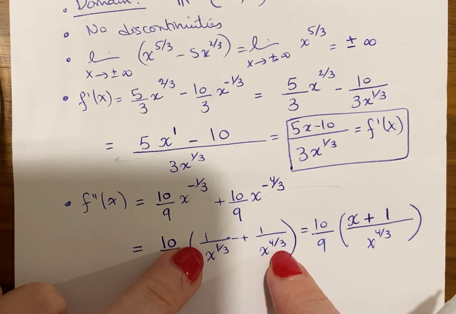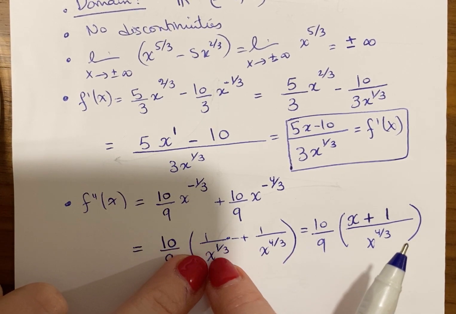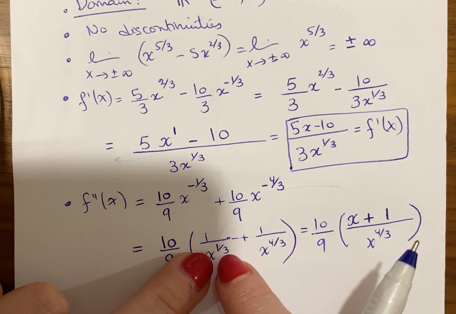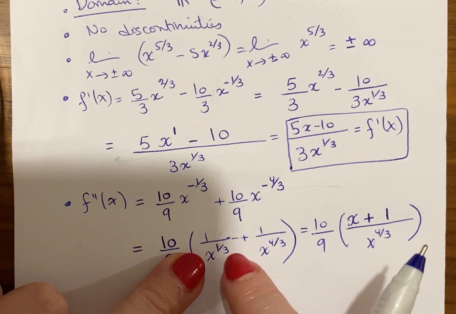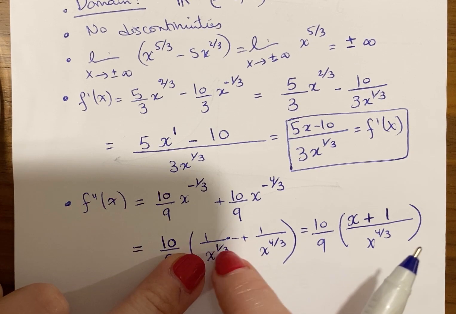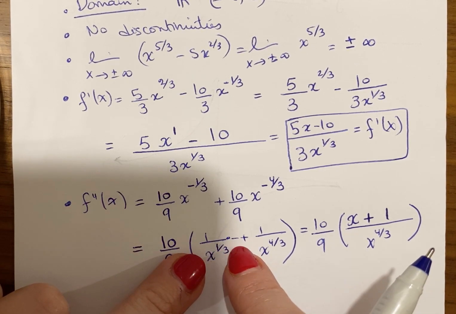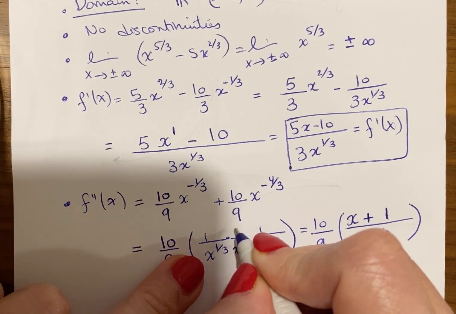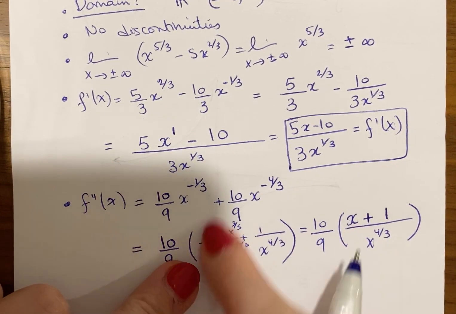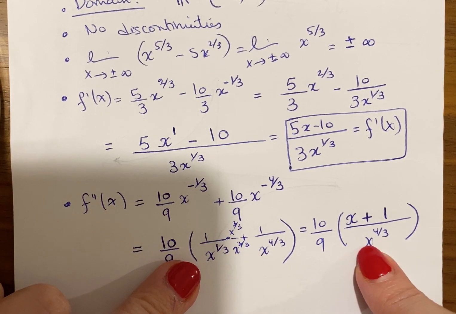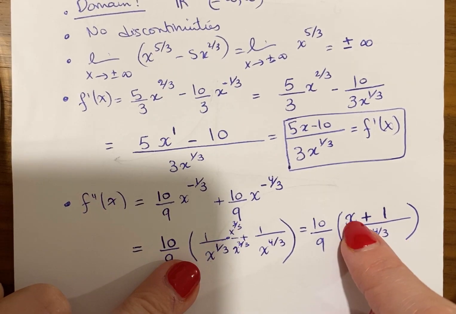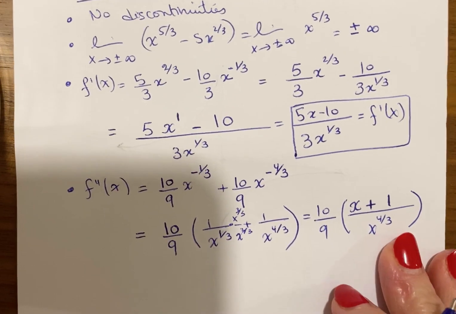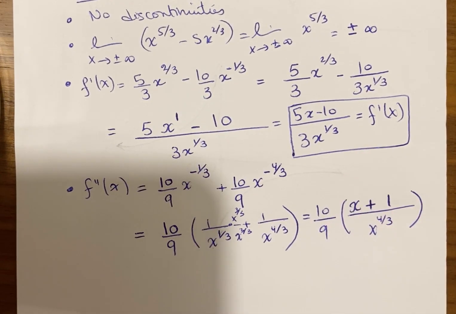Yes, because this one, you multiply it by 4 over 3 minus 1 over 3, which is 3 over 3. When you multiply it by 3 over 3, you add the powers. 1 over 3 plus 3 over 3, 4 over 3. So when you do x to the power 3 over 3 up and down, it becomes the same denominator. And x to the power 3 over 3 is what? x to the power 1, so x plus 1. So this is my first derivative and my second derivative.